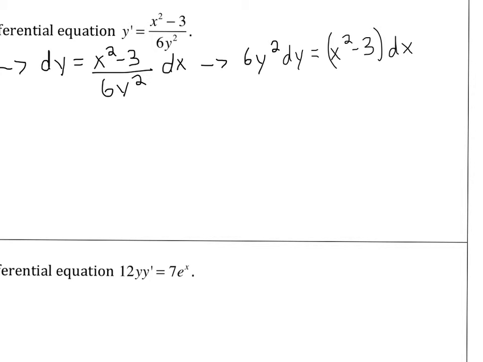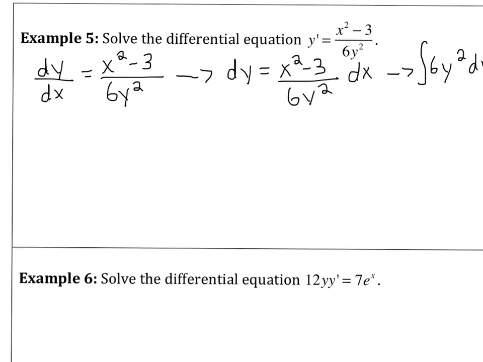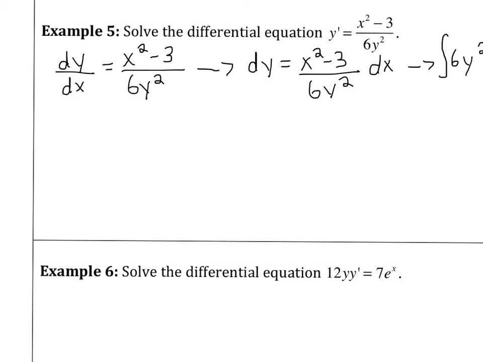That means I'm good to go ahead and integrate both sides so that we can solve for y. And when we do that, the integral of 6y squared dy is just going to give us 6y cubed over 3. Again, plus c, but I'm just going to leave the plus c for the other side.